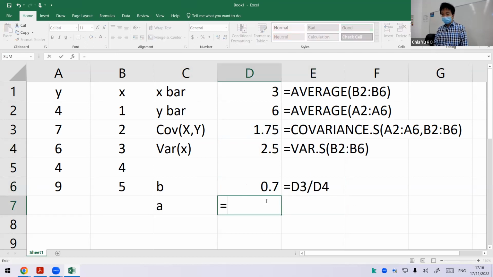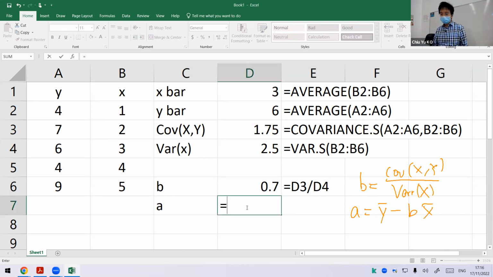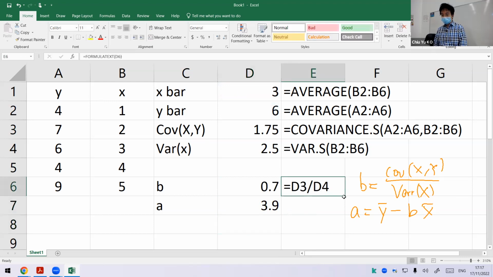And A, remember the formula, will be Y bar minus B X bar. So it will be simply Y bar minus the slope times X bar. So 3.9. That is how you get this one.